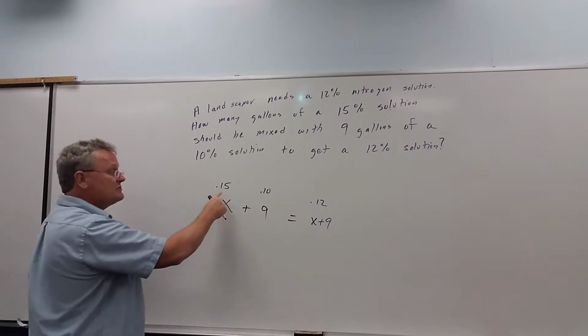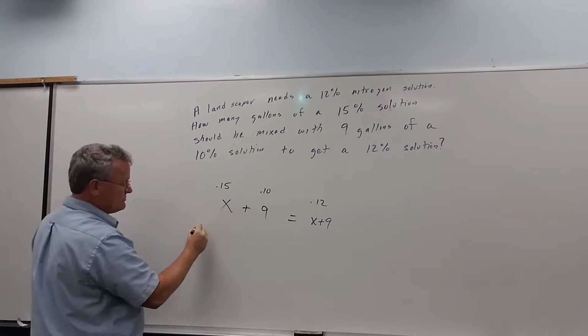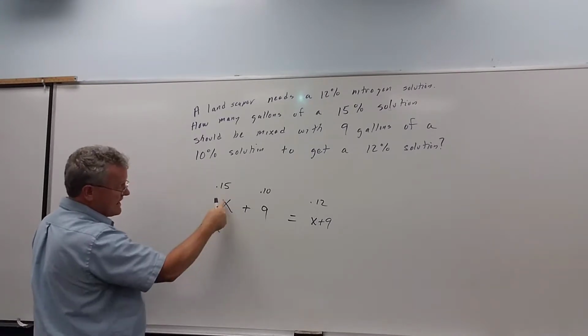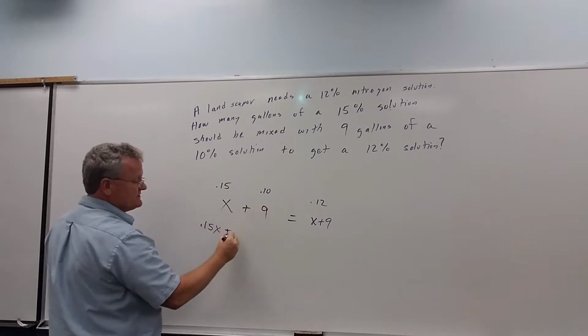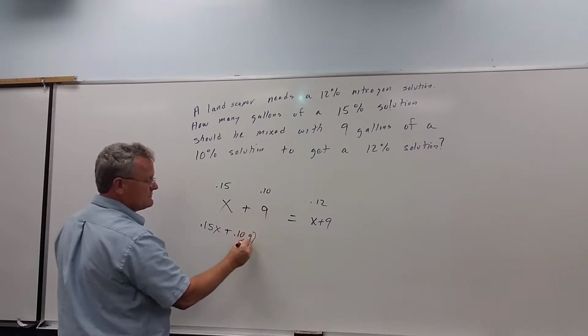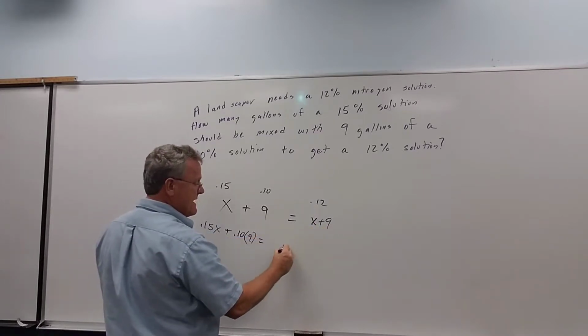We just include those now. How many gallons of a 15%, so now just add that, should be added with 9 gallons of the 10% to get, well, we're going to have the same amount.